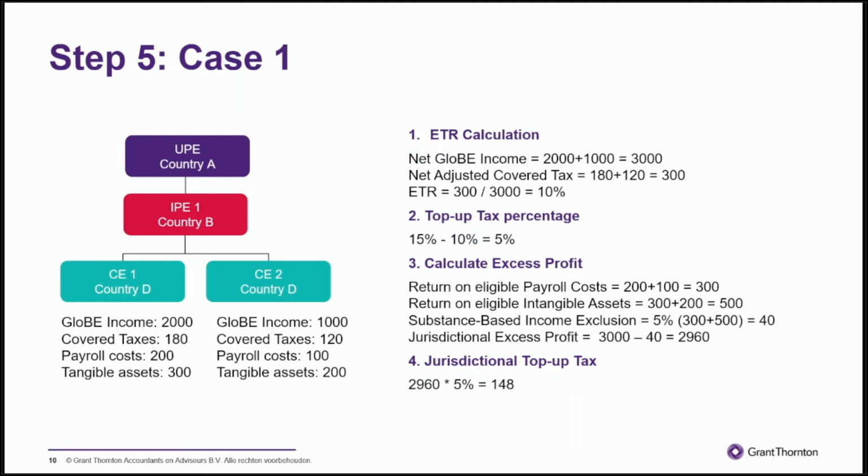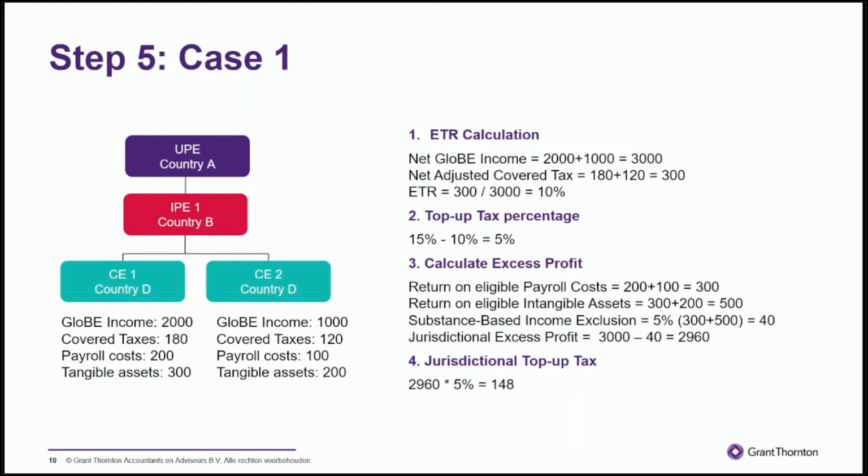And you have to look at the return on your intangible assets, and that's also given here, that 300 and 200. It's a total 500. So then you get the substance-based income exclusion, and what you see, normally this percentage for the transition period are a little bit higher. That's 8% for the intangible and 10% for the payroll costs.